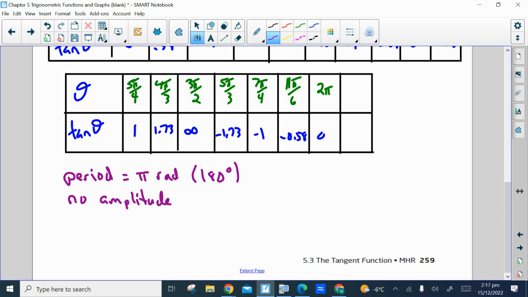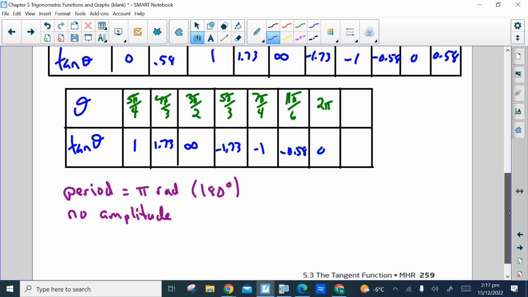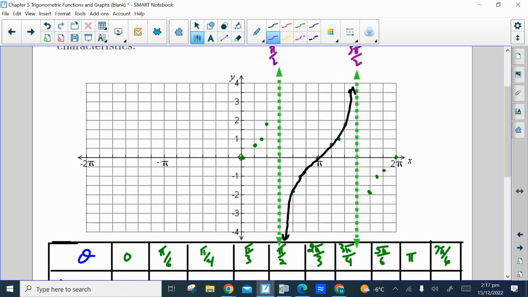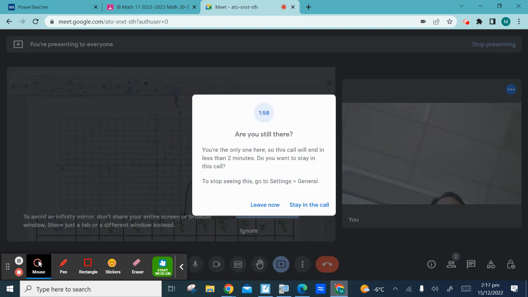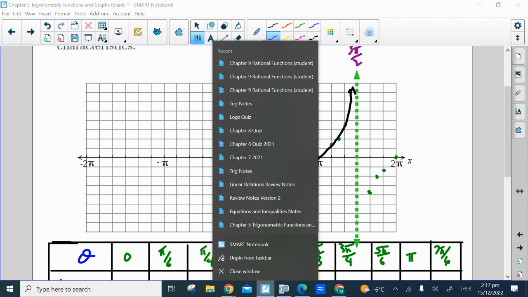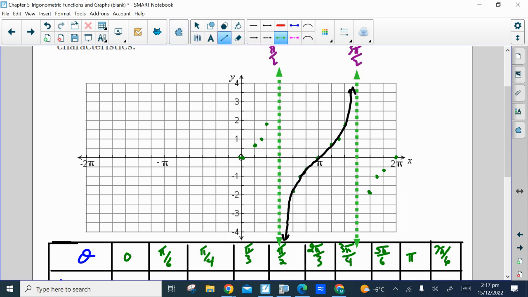So the period is every pi radians. Every pi radians, there'll be one cycle of the graph. As well, every pi radians, there will be another asymptote. So our next asymptote will be at negative pi on 2, which is right there, and then negative 3 pi on 2, which would be right there.